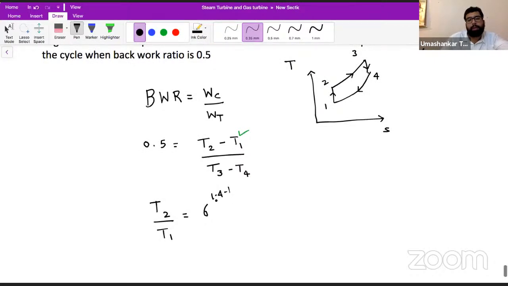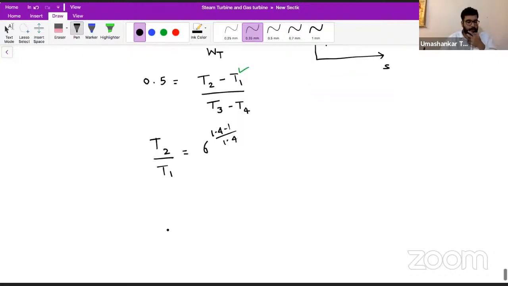So we can have the value of T2. T2 is coming out to be 500.55 Kelvin.